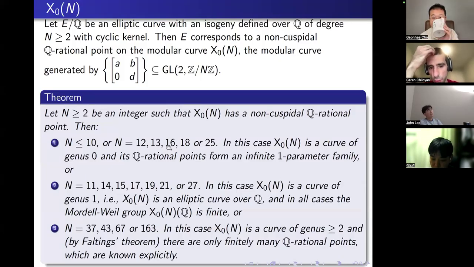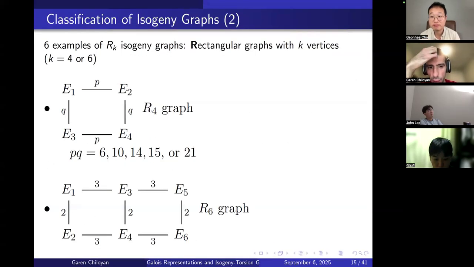So if I do, let's say, 21, 21 is 3 times 7. So that automatically gives you a rectangular graph. And then I used Kenku's actual paper, and he said after 21, you can't have anything else. So he specified a little bit more in detail.